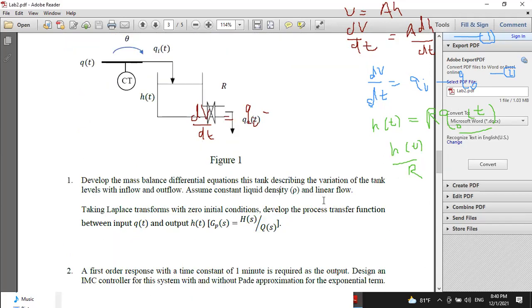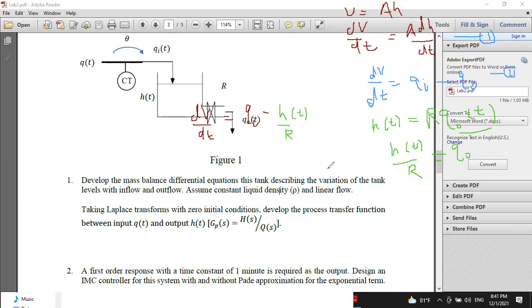We need H in our equation and Q in our equation, so whatever we don't want here, we'll try to reduce. So we can substitute this part to here: h(t) over R.